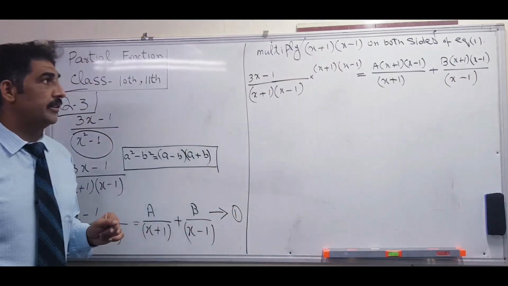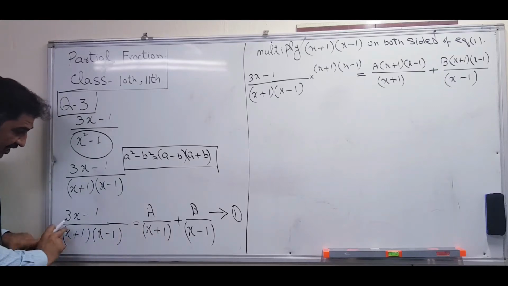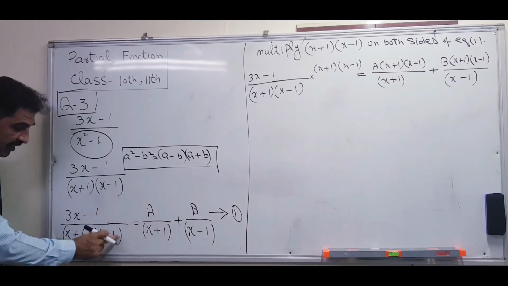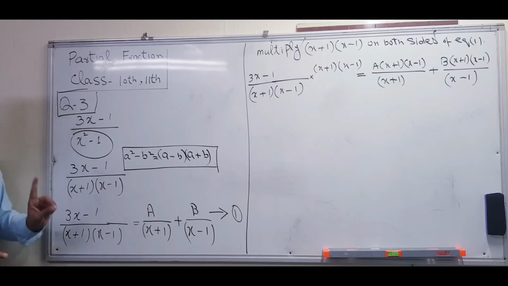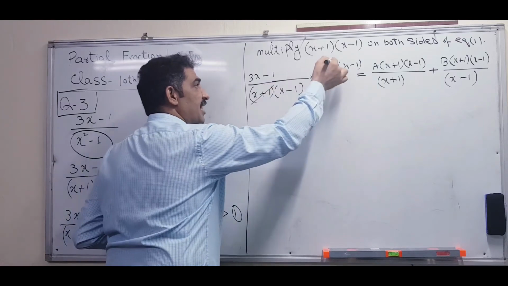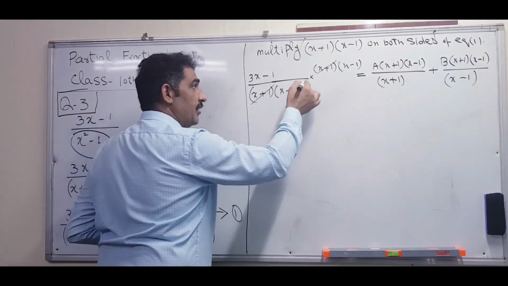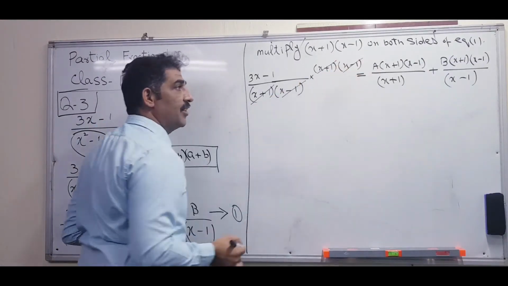To remove the denominator, we multiply the complete left hand side denominator by all terms. The benefit is that all the denominators will be finished. On the left, x plus 1 cancels with x plus 1, and x minus 1 cancels with x minus 1.